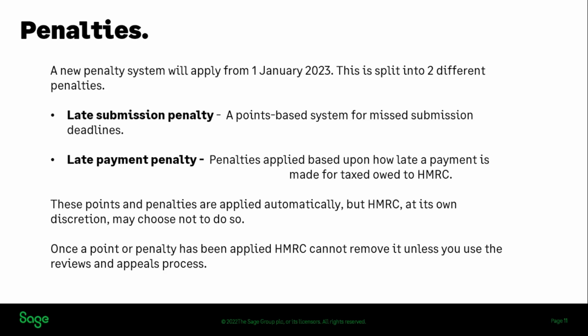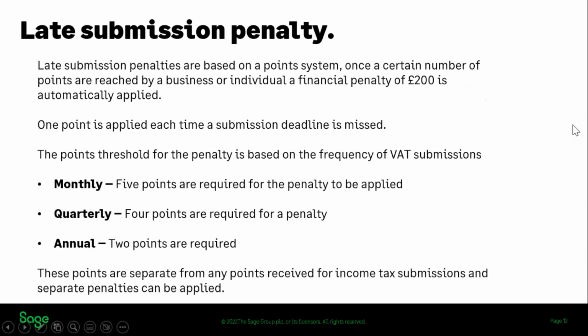So just to go into a little bit more detail on each of those penalty systems. So the late submission penalty, like I said, a point is going to be applied each time your submission deadline is missed. So if you are new to Making Tax Digital, that could be as early as your first return. But if you're on a monthly basis, once you reach 5 points, then you'll get a penalty of £200.